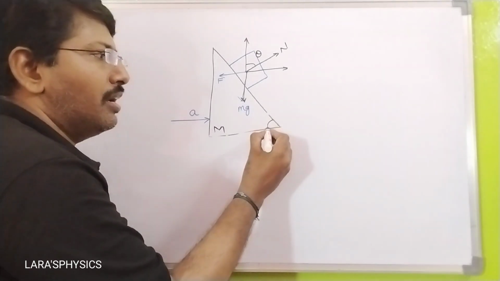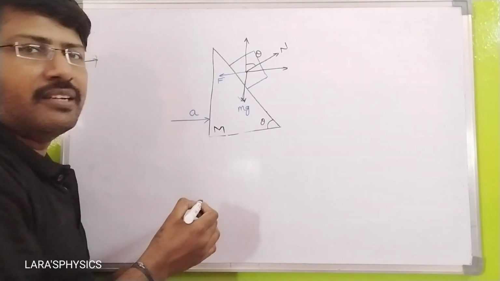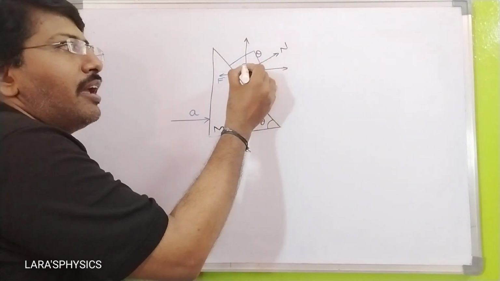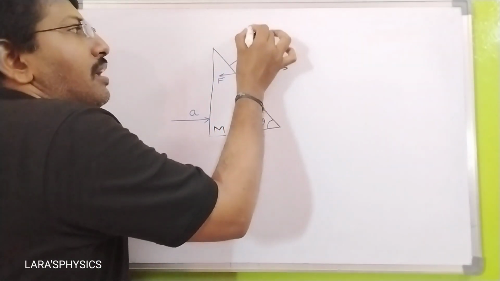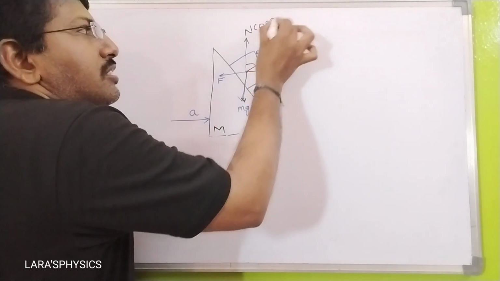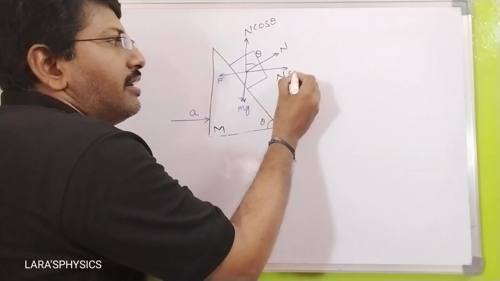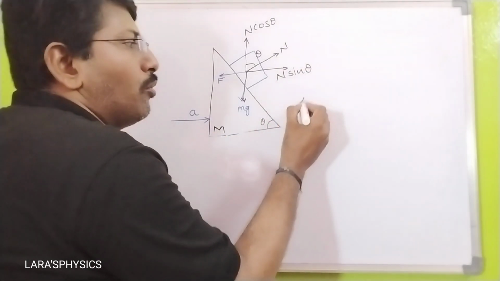Why? Because the inclined plane makes an angle theta. So earlier I told you, a component which makes an angle theta, I represented by cos theta. So the remaining component is N sin theta.